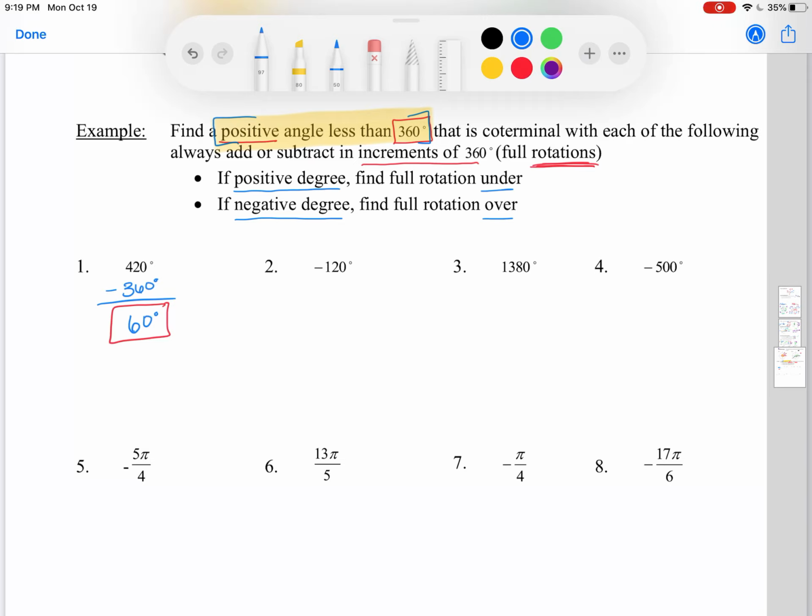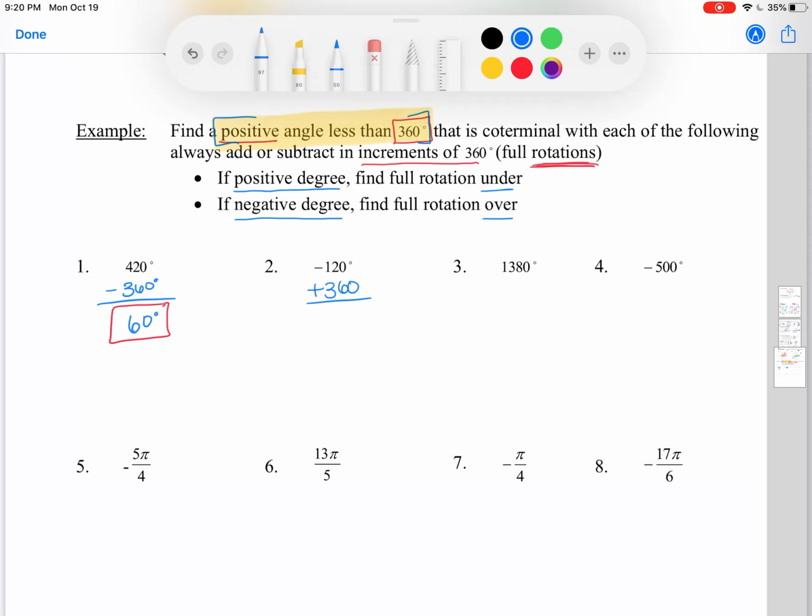All right. Go ahead and look at question 2. This time we have negative 120. We want it to be between 0 and 360, so it has to be positive. Well, the only way to take a negative value and make it positive is to potentially add a rotation.